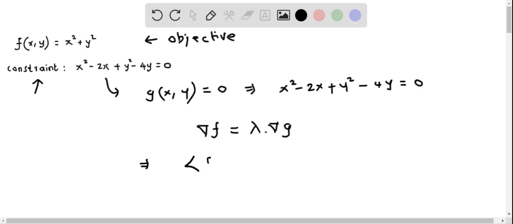Gradient of f is f sub x, the partial derivative of f with respect to x, comma f sub y, the partial derivative of f with respect to y. This equals lambda times g sub x plus lambda times g sub y.